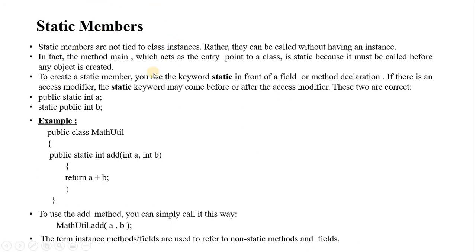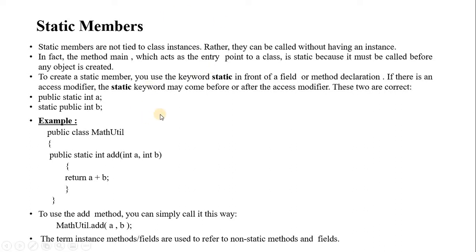Now we come to the static members. We already discussed static members in the previous videos, and here we are discussing them once again. So static members are not usually tied to the class instance or the objects. A non-static member can be accessed by creating the object, but a static member can be accessed by using the class name dot method name.